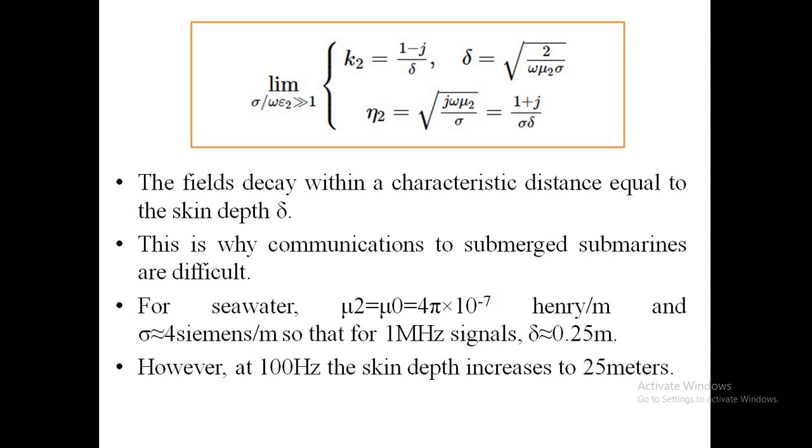For seawater, mu 2 is equal to mu naught, that is the permeability of the medium is equal to 4 pi into 10 to the power minus 7 Henry per meter, and the conductivity is 4 Siemens per meter, so that for a 1 megahertz signal the skin depth is observed to be 0.25 meter, whereas at 100 hertz the skin depth can be increased to 25 meters.